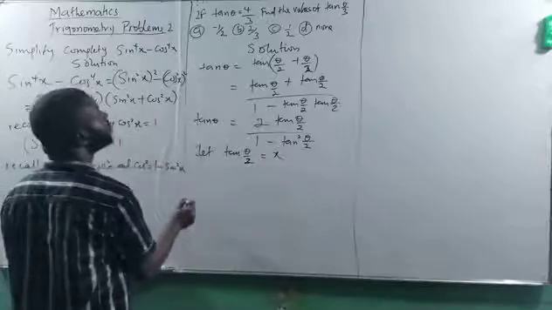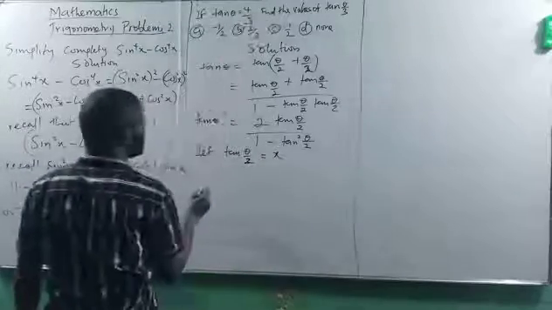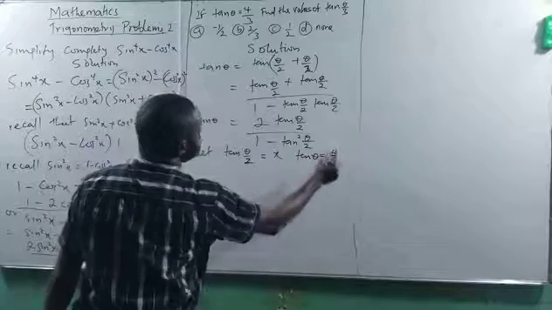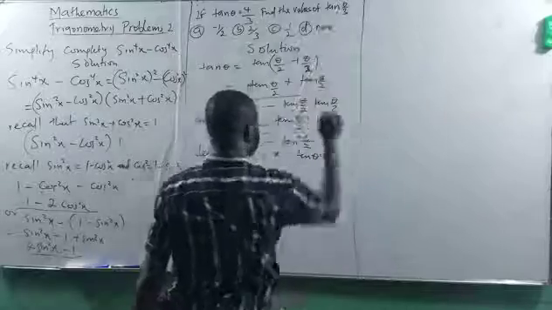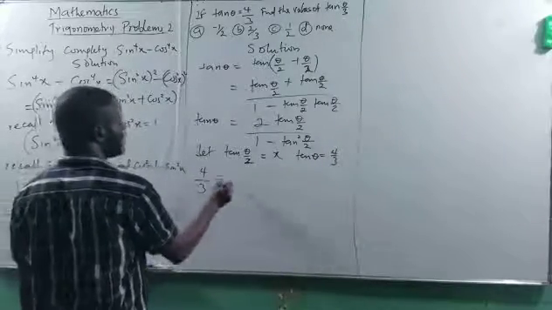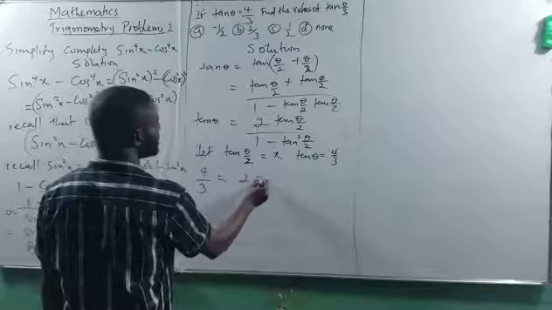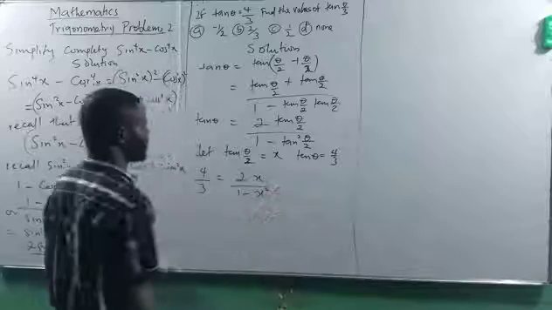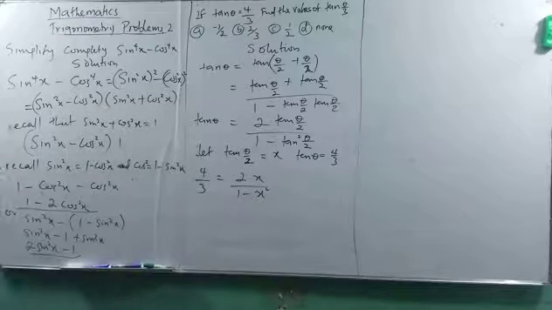At this junction, we know that tan theta equals this, and tan theta itself equals 4 all over 3. This is what I'm looking for. So I can now say that 4 all over 3 equals 2x divided by 1 minus x squared. Can you see what I just did there?